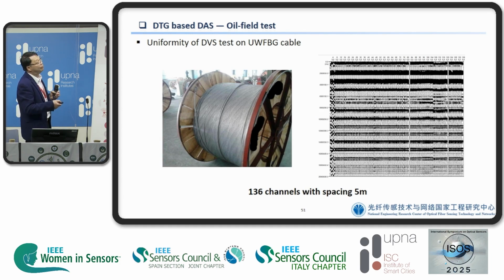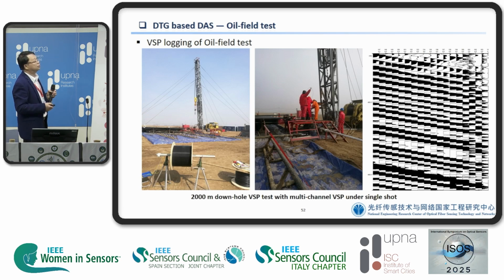Then we can monitor the signal sounds from the underground, and then based on the DAS technology, get the information, and also we can make the VSP logging for the oil field test, and then get the information based on the DAS technology with the draw tower gratings.